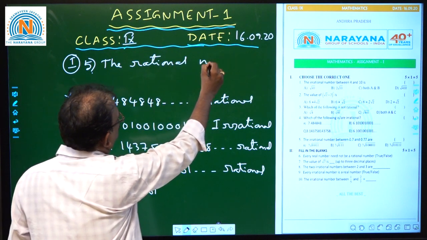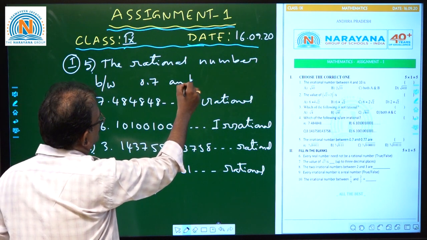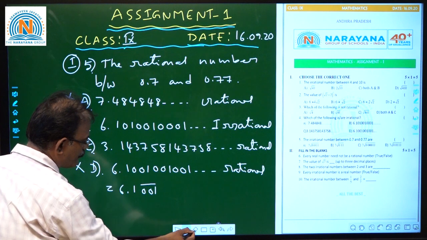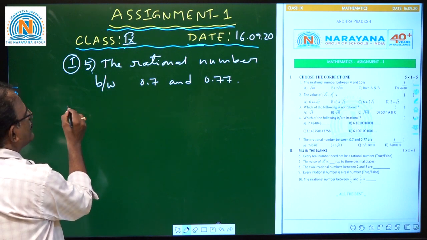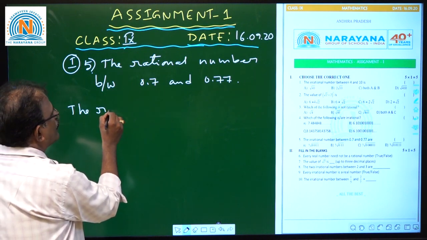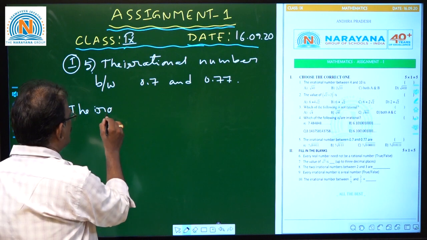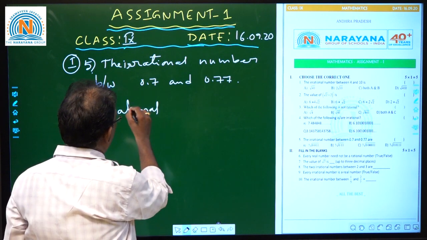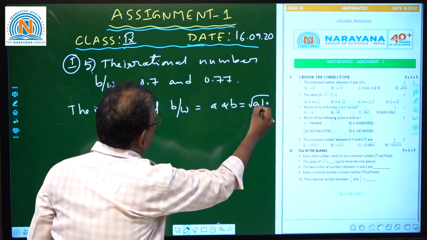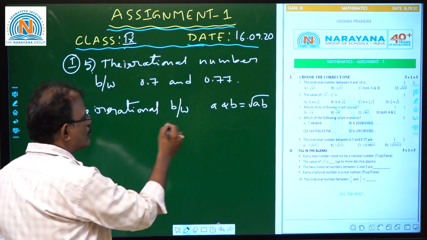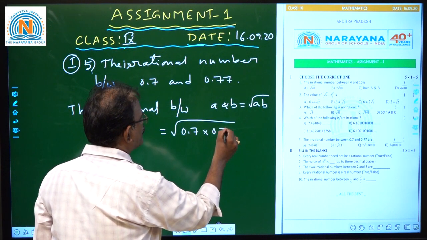The irrational number between A and B is root of A into B. So this is root of 0.7 into 0.77.